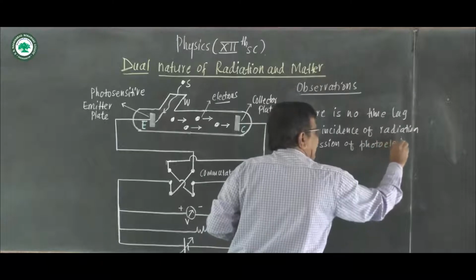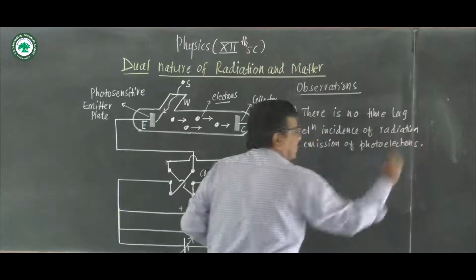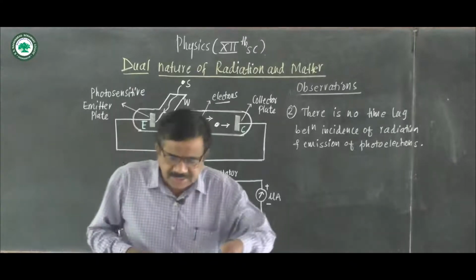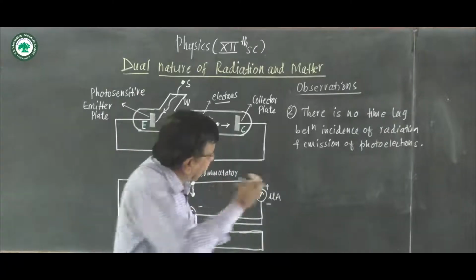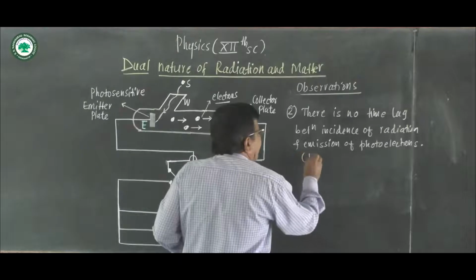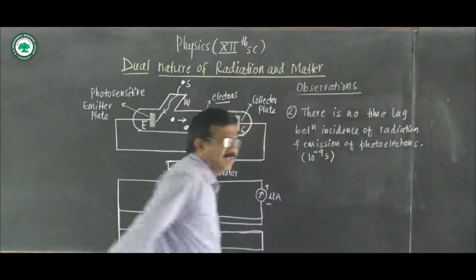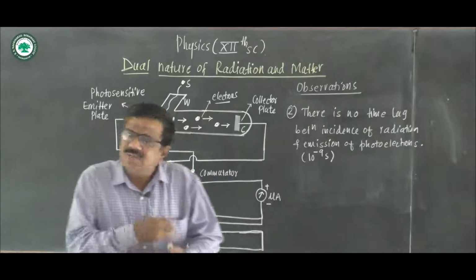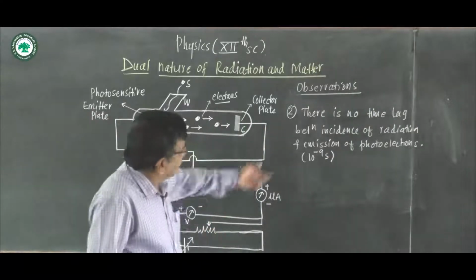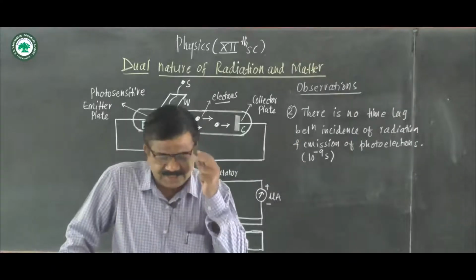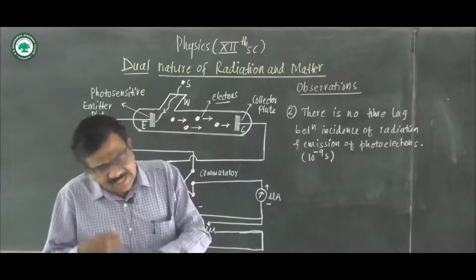As soon as radiation is incident on the emitter, at the same time photoelectrons are emitted. That time interval is very small, about 10⁻⁹ seconds. We say there is no time lag between the incidence of radiation and emission of photoelectrons from the metal surface.